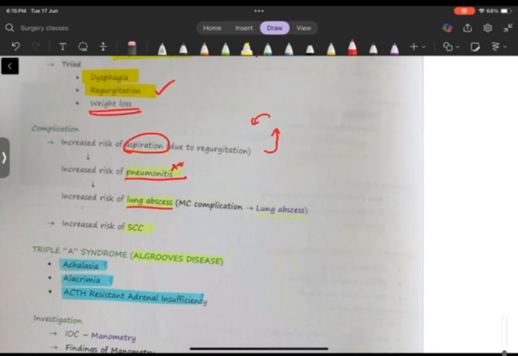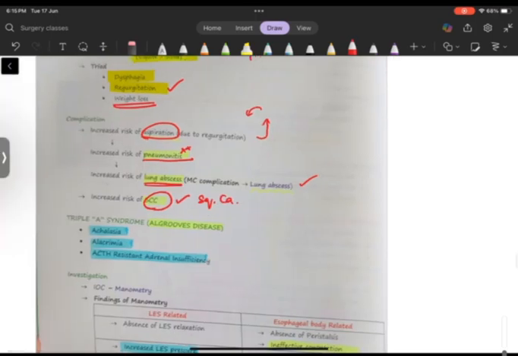After that, it can become infected and convert into an abscess. At last, it can become a risk factor for squamous cell carcinoma of the lungs. So basically aspiration is the main complication. After that it can lead to pneumonitis, then lung abscess, then squamous cell cancer.